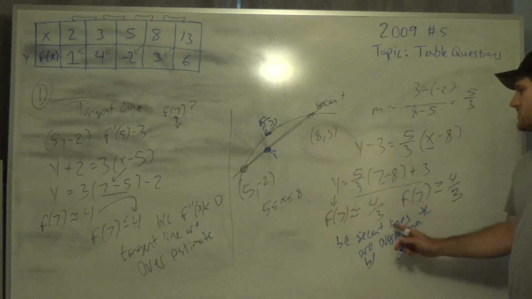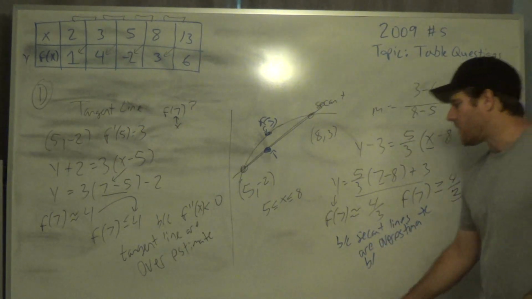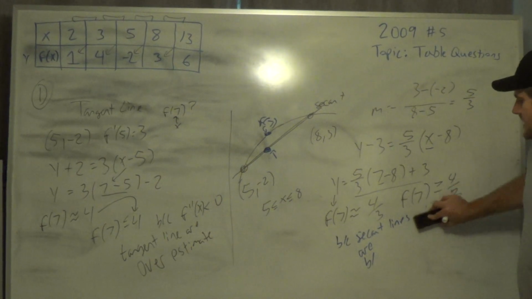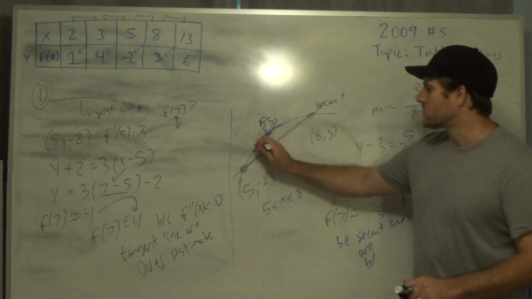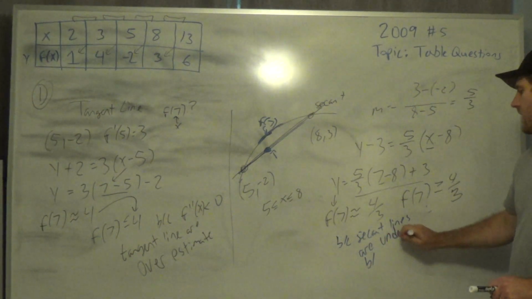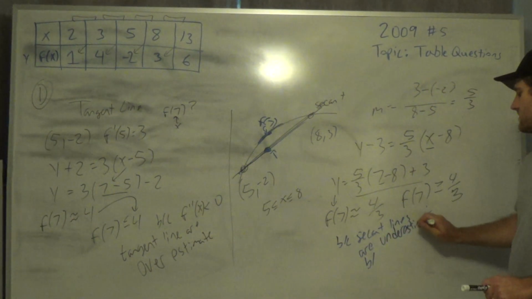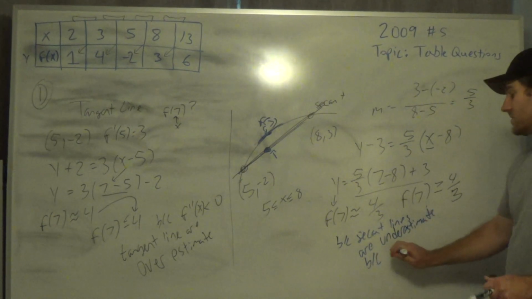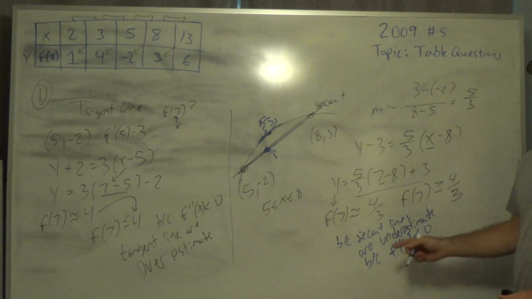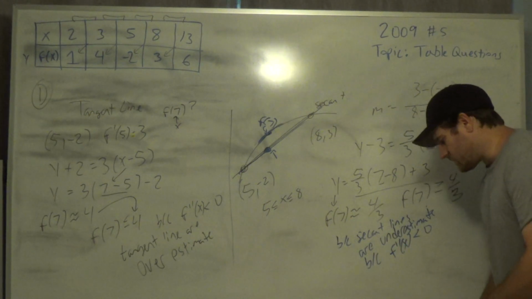I apologize, the secant line is not the overestimate. Here's the real curve, and the secant one is actually below. Secant lines are underestimates because the only thing we know about the problem is concave down. So when a graph is concave down, secant lines are underestimates.